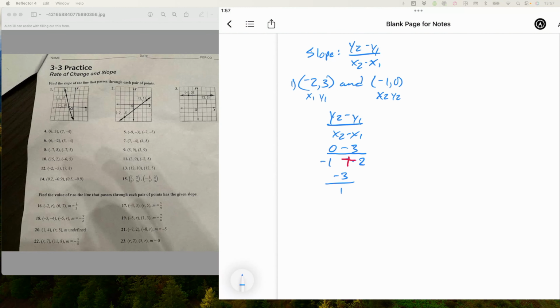On to number 2. This process is going to be exactly the same for all of them. I could pick either point to go first. This time I will do 3, 1, and negative 2, negative 2, negative 3. x1, y1, x2, y2. Put it in the formula.